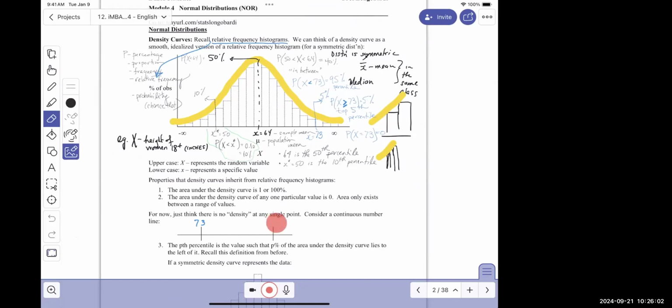I guess the way that I explain this, I don't know if this is helpful, but what's the next value after 73 on this number line? What would be the next number? So 73 is here. What's the next value right beside it?